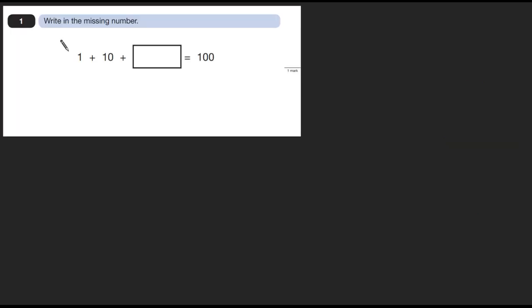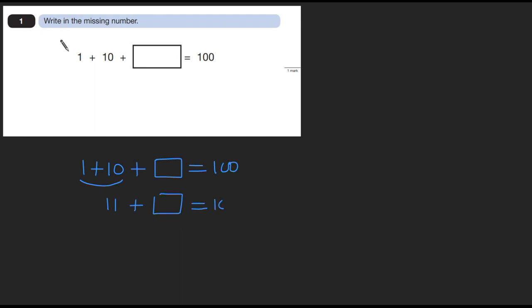Right, question number 1. Question 1 is all about 1 plus 10 and a box equal to 100. So do the easy part first. 1 plus 10 is 11. So 11 with something equals 100.